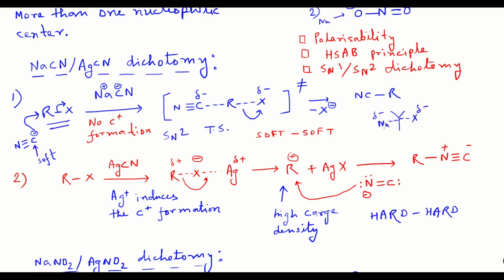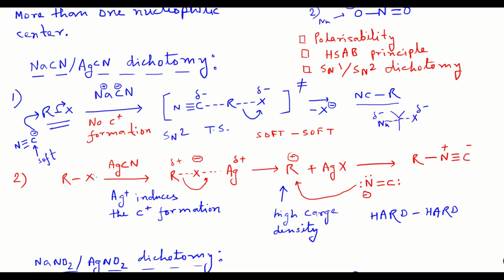The development of this partial bond requires high polarizability of the nucleophilic center. So when there is no forceful formation of carbocations, this soft center of cyanide will react in an SN2 fashion with the alkyl halide, and this is the transition state of the SN2 pathway, and the product will be this alkyl cyanide.